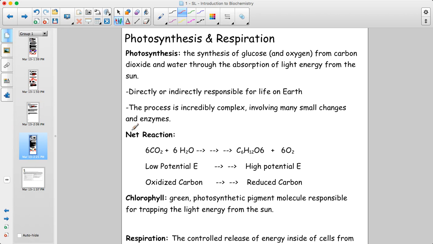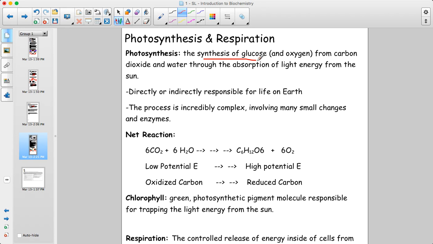Lastly, in the intro to biochemistry, you look at two major processes, photosynthesis and respiration. In biology class, you would learn about lots of different enzymes and steps along these metabolic pathways. We are going to greatly simplify it. Photosynthesis, as most of you know, is when plants, usually green plants, are able to synthesize glucose.